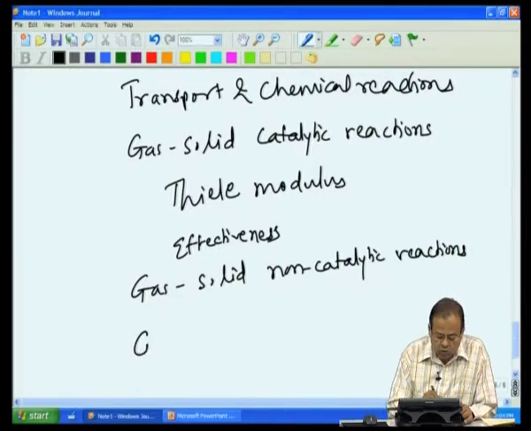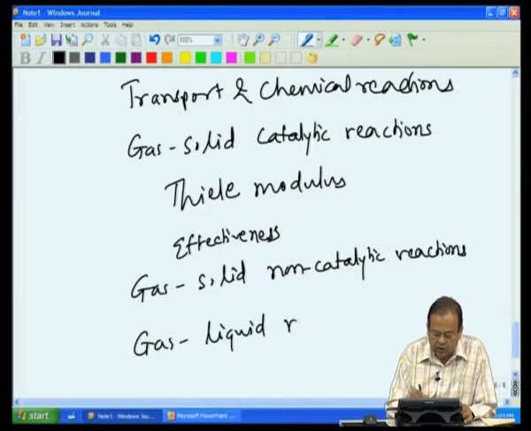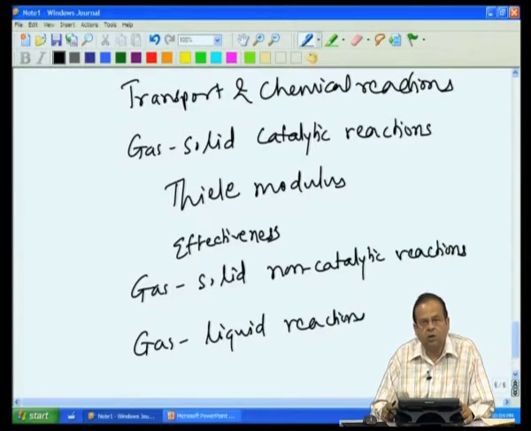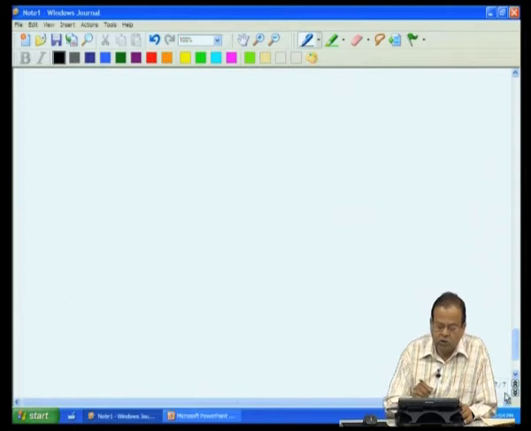We also then looked at gas liquid reactions and ideas such as enhancement factor, effectiveness factor and so on. So, we started with kinetics, we then brought in transport and then we wanted to put all these things together.